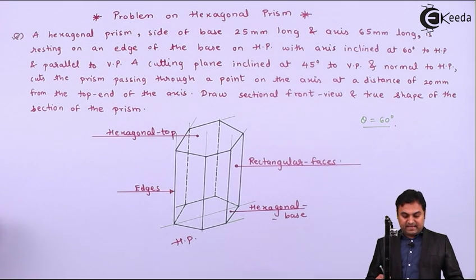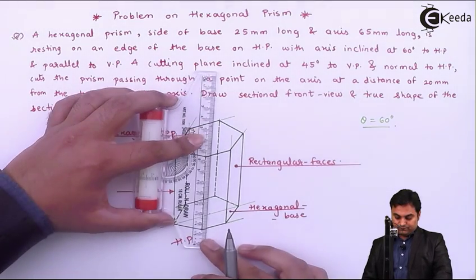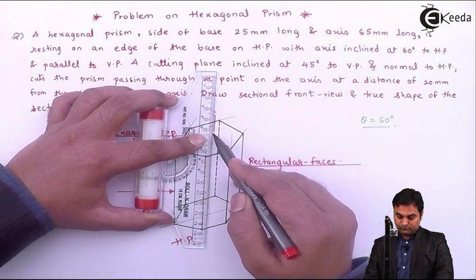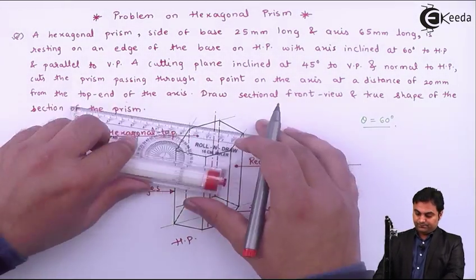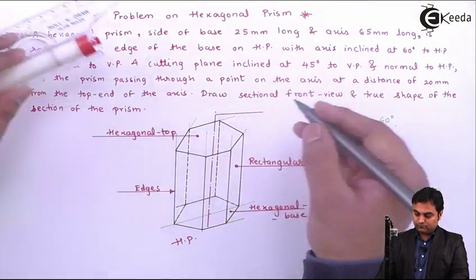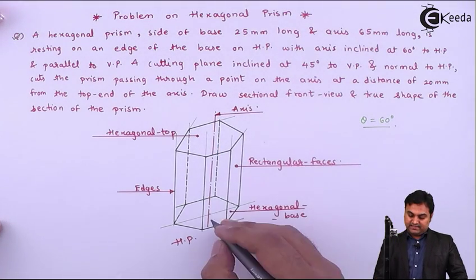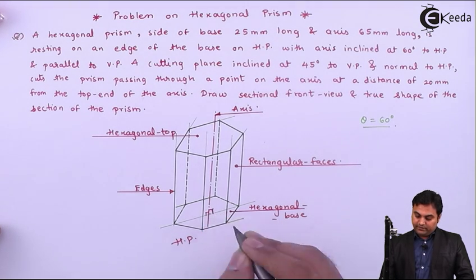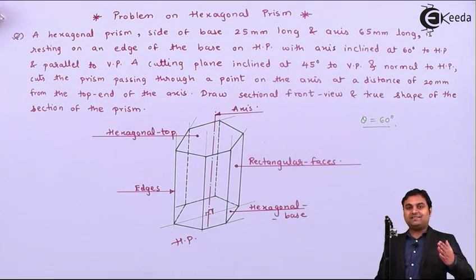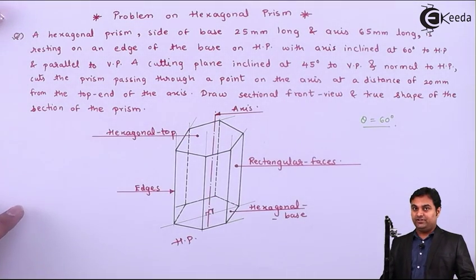Now axis and base, they are perpendicular to each other. In that case, if the axis is inclined at 60 degree, then the base will be inclined at 30 degree.